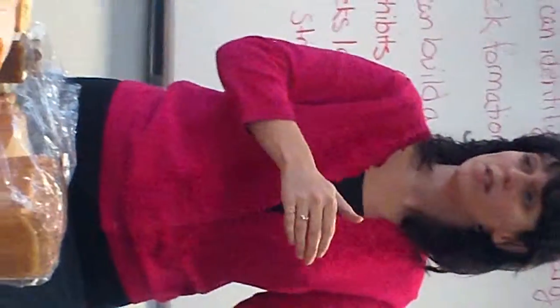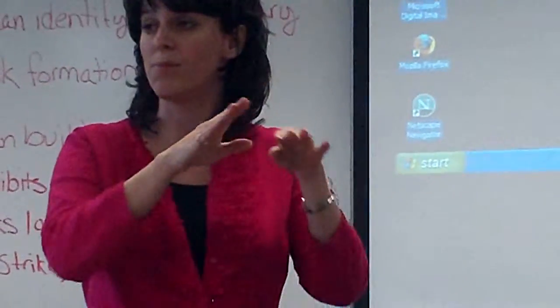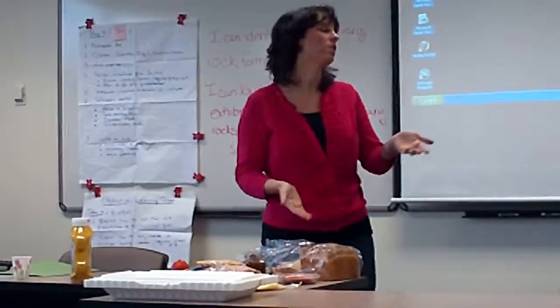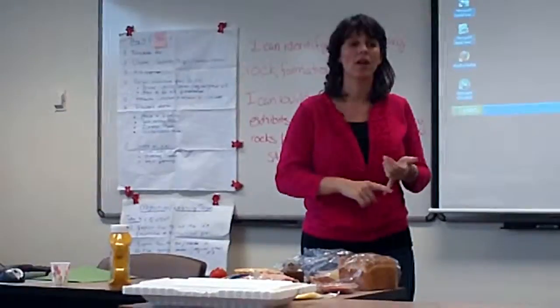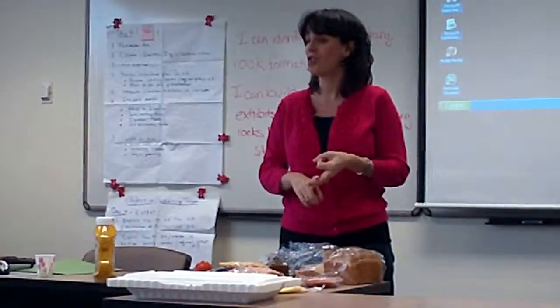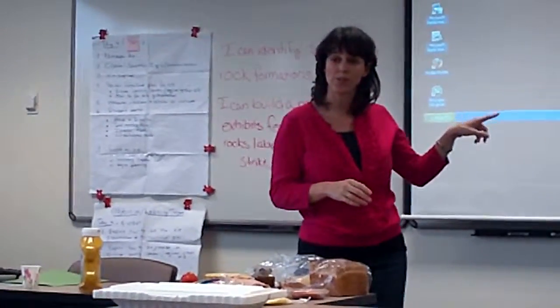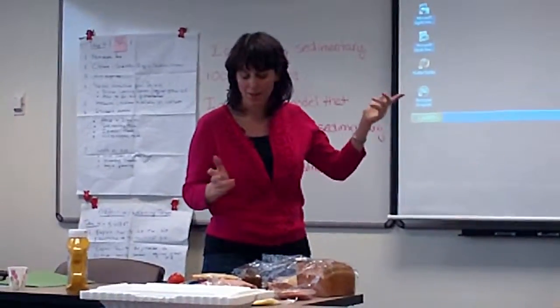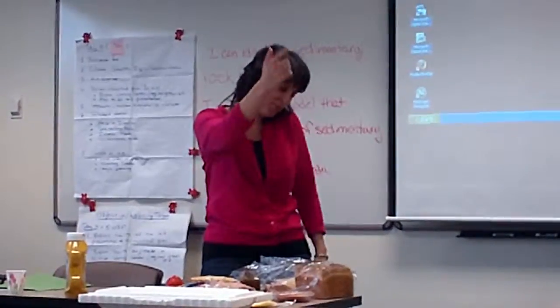I expect to see some angles in my model. I expect there to be some use of different colors, some stratification in your model, and then you'll be drawing in your scientific notebooks copies of your model correctly labeled with dip, strike, strata, and I also want the definitions for the principle of horizontality and superposition.